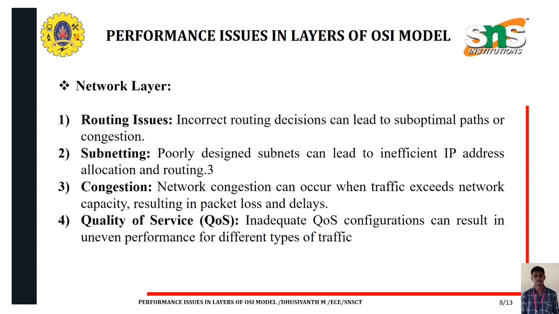And subnetting: poorly designed subnets can lead to inefficient IP address allocation and routing. And next one, congestion. Network congestion can occur when traffic exceeds network capacity, resulting in packet loss and delays. And quality of service. Inadequate quality of service configurations can result in uneven performance for different types of traffic.